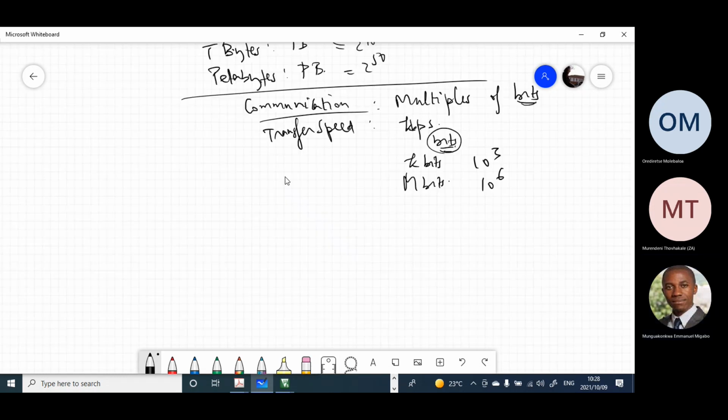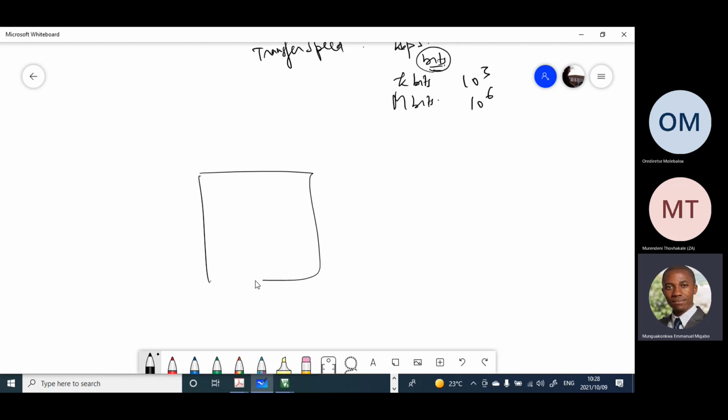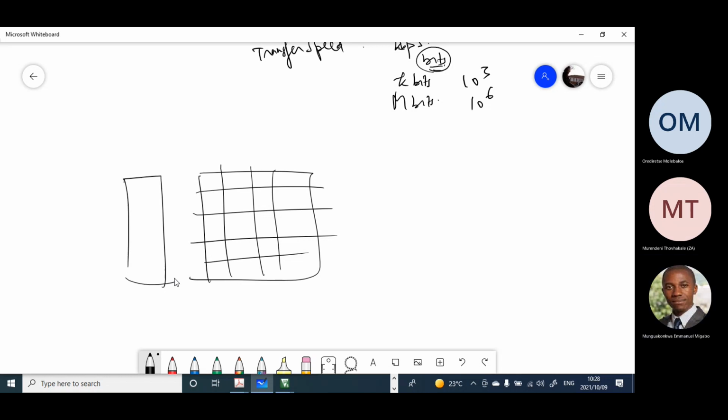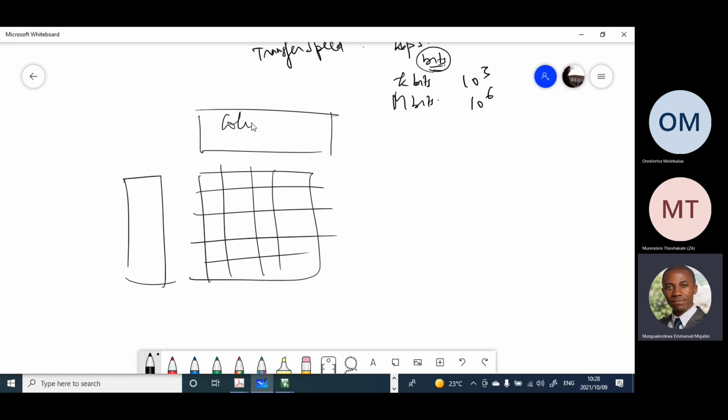Now, associated with the memory device, which is an array as we've modeled it, are decoders. We normally have a column decoder and a row decoder.